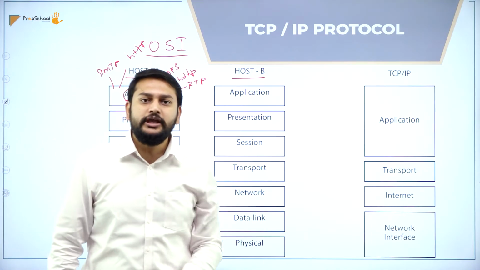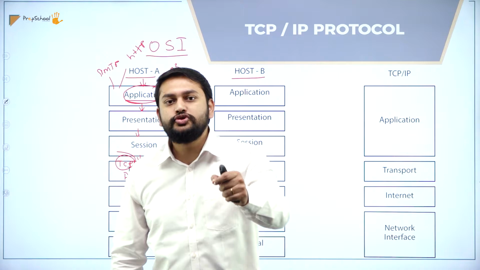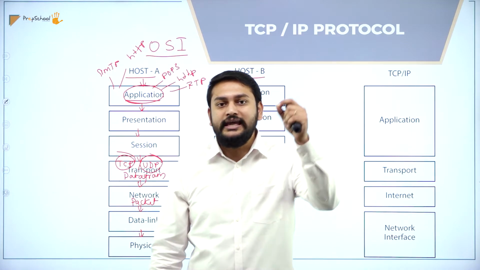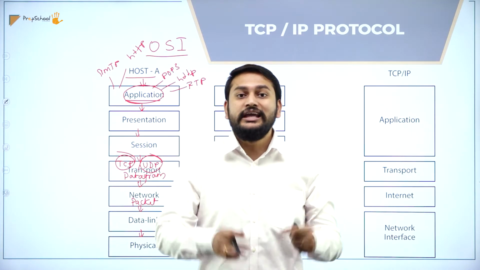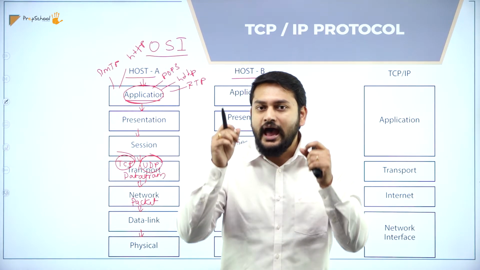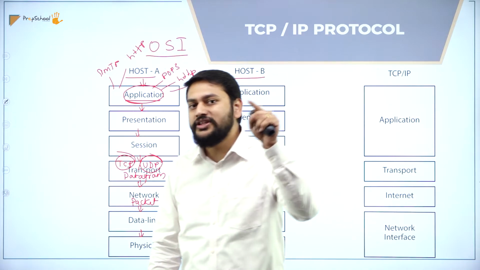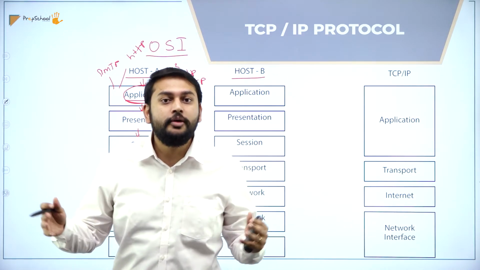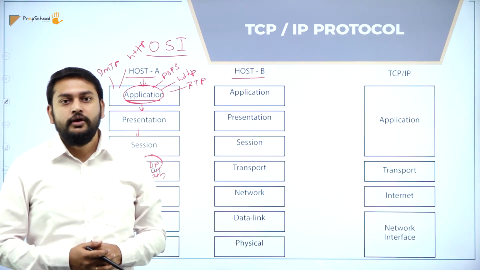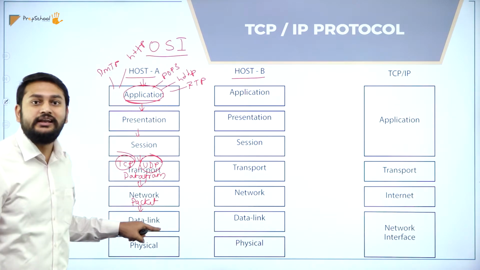My dear students, we all know that each and every hardware device we are using has a unique address. That's what I call a MAC address, which is burnt in during manufacturing time. So I'm adding that in the second layer, the data link layer.